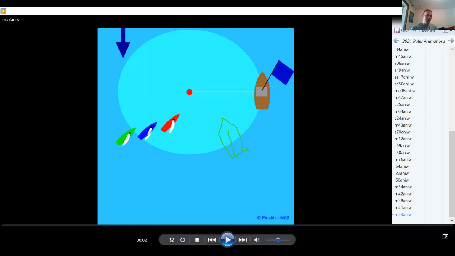All these boats are coming in on port. Green, my drawing, has right of way over the rest of these boats because there's no mark room. Mark room only applies when there's an overlap. Just like coming in at the windward mark, these boats are on a port layline and this drawing is on a starboard layline. So it's the same concept.